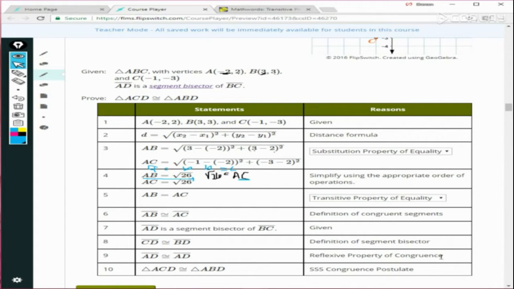Okay, reflexive property of congruence. That means the same line is congruent to itself. So AD is congruent to AD. That's the reflexive property. So then we have triangle ACD is congruent to triangle ABD. Side, side, side congruence postulate, because they proved that all 3 sides of both triangles were the exact same.